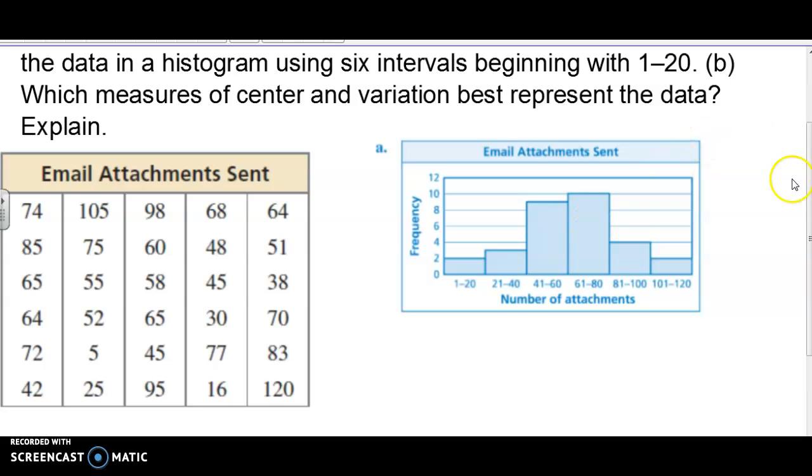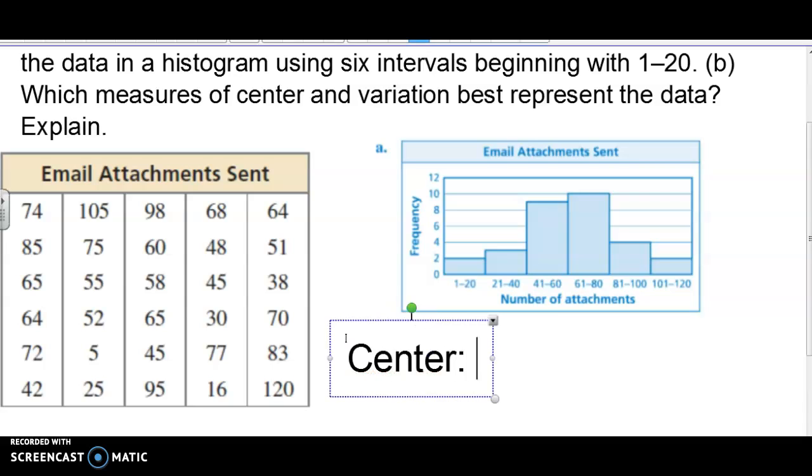All right. But let's just look at it, because the other question is which measures of center and variation best represent the data. So the first thing to look at is, is this skewed or symmetric? Well, it looks pretty symmetric. I wouldn't say it's perfectly symmetric, but for the most part, most of the data is in the middle. They're about the same on both sides, so I would say it's symmetric. So since it's symmetric, what's our best measure of center?